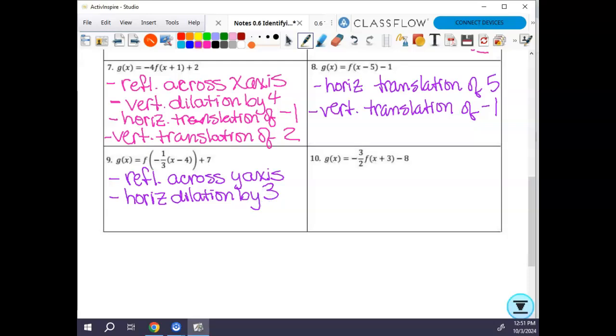Good, because X is a liar. That 4 will be a horizontal translation of what? 4. Good, +4. And then we have vertical translation of what? 7.